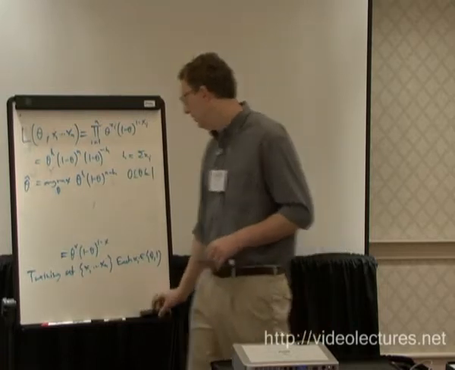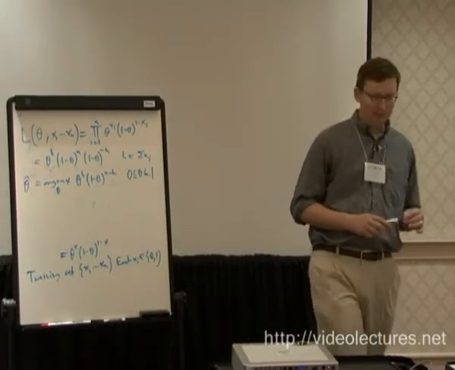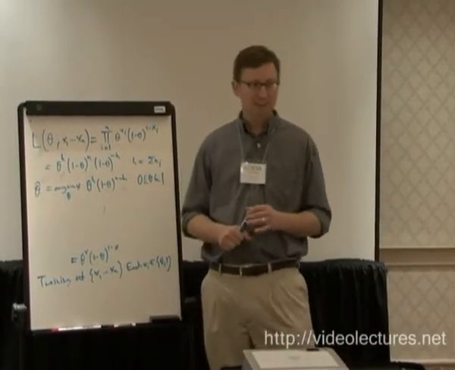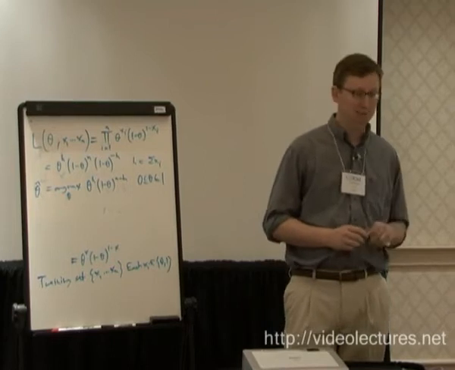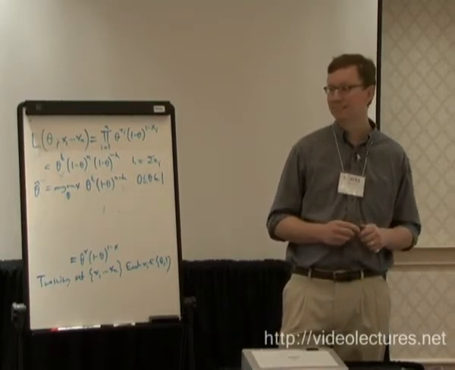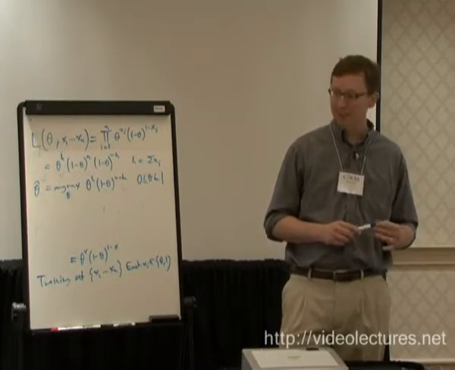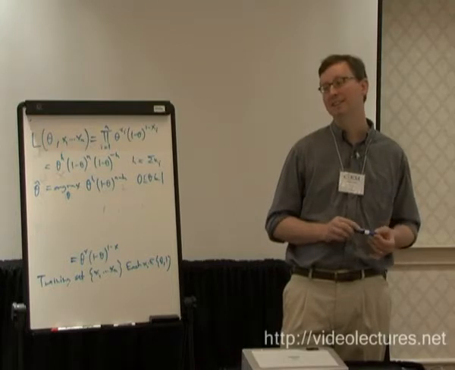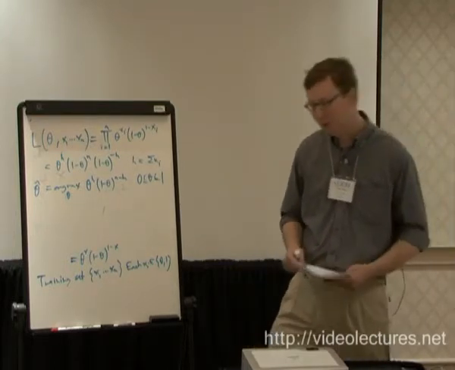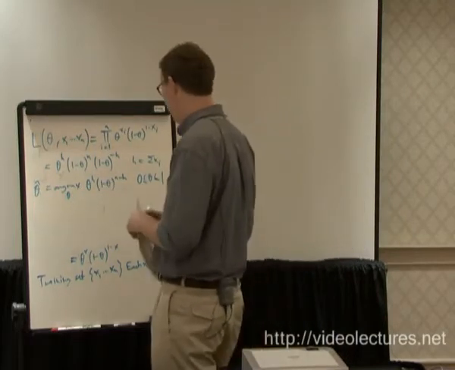Okay, so what's the simplest possible way of solving mathematical optimization problems that you typically learn as a freshman? Take the derivative, and then what? And set it to 0. So that's a strategy that doesn't always work, but it's a good first attempt.